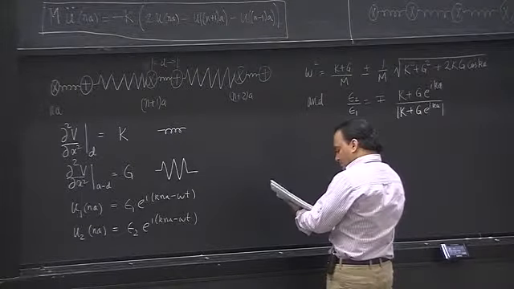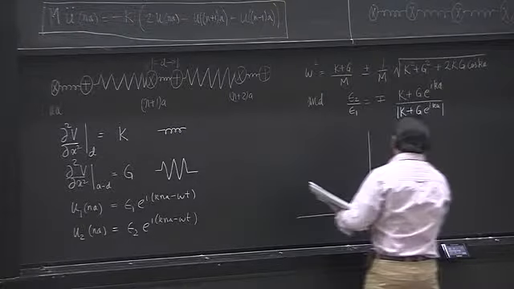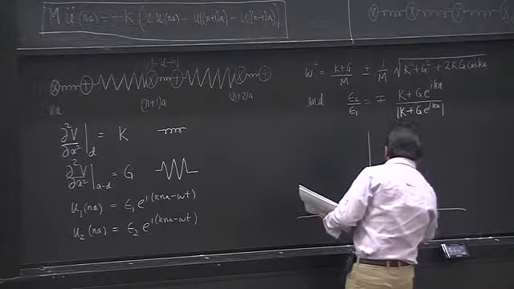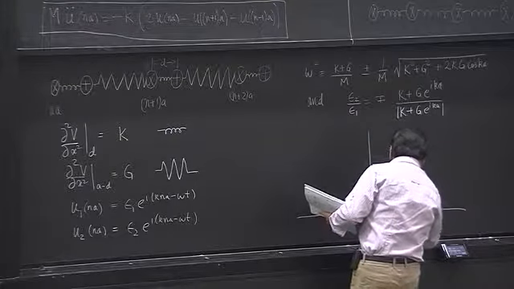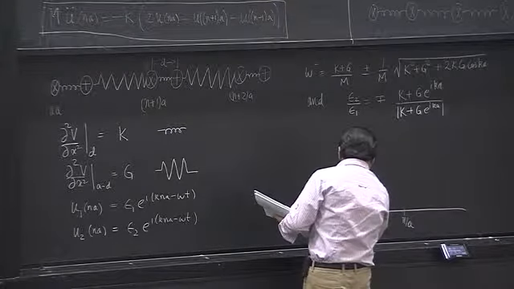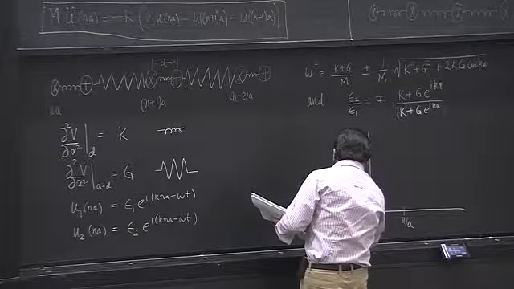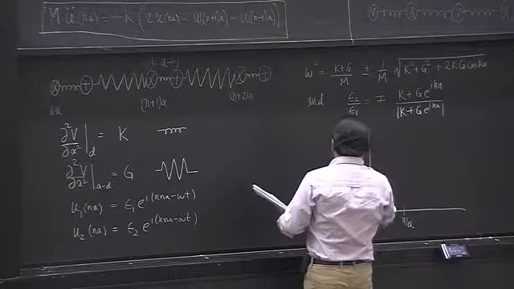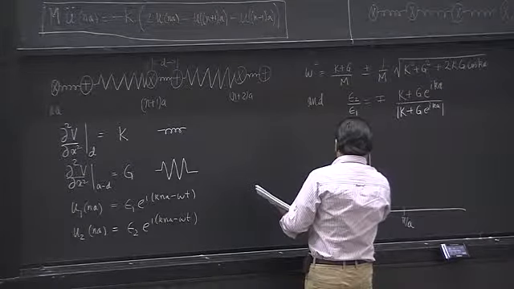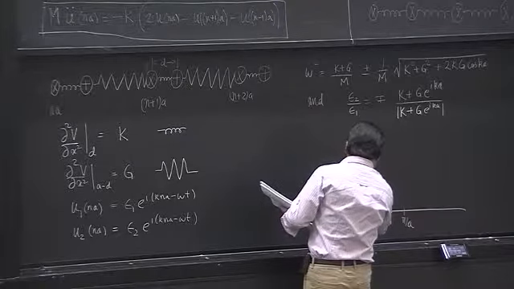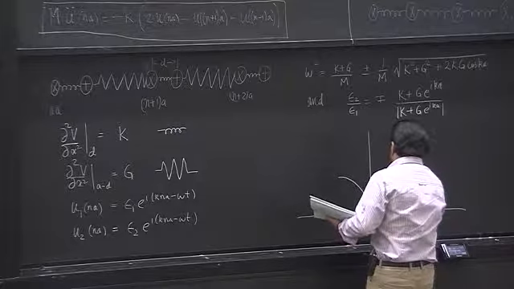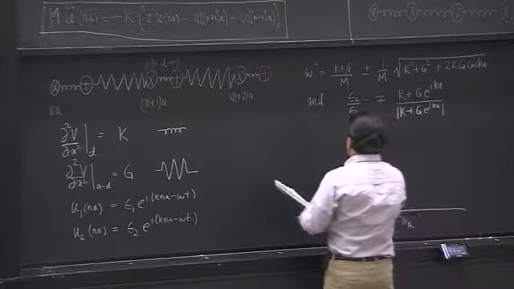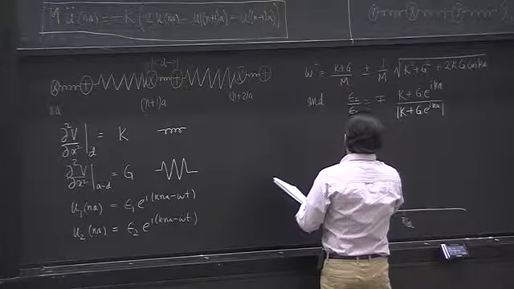When you plot them, these solutions would look like, again, we plot them in the first Brillouin zone. One branch looks very similar to what we had before. And the other branch looks like this.